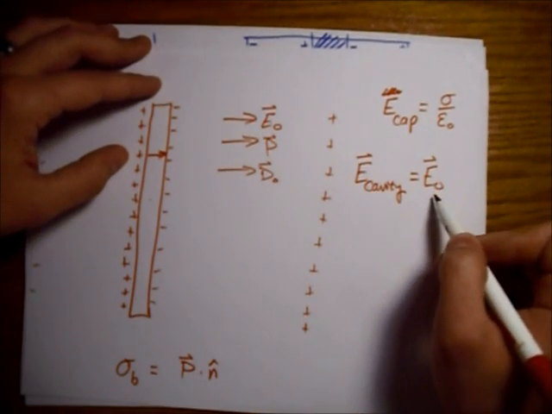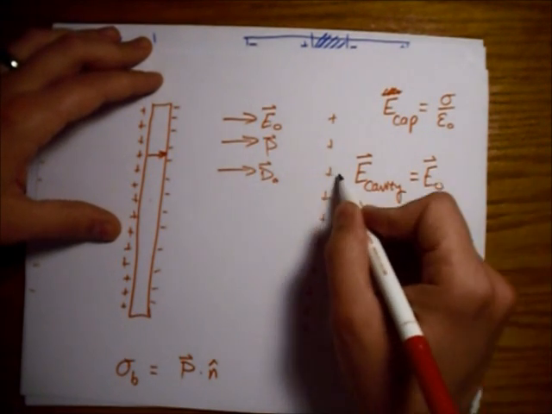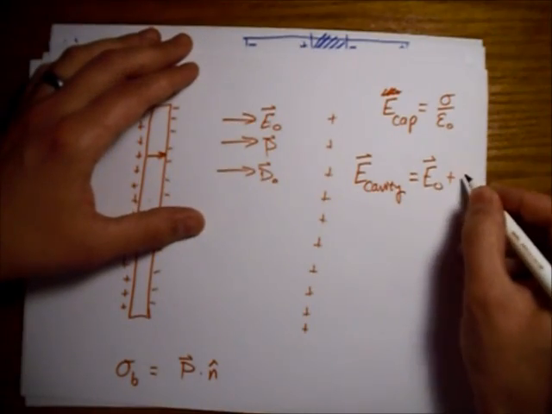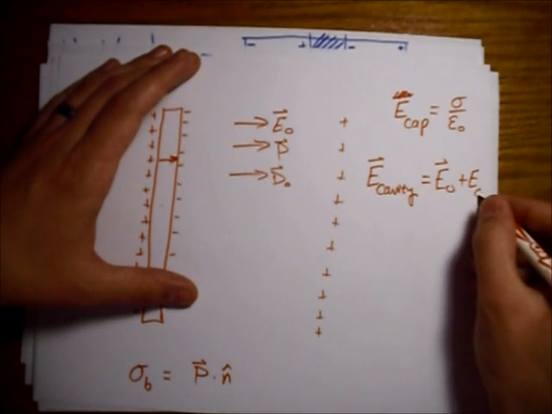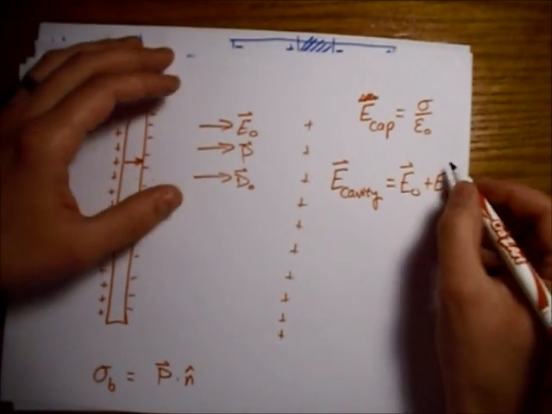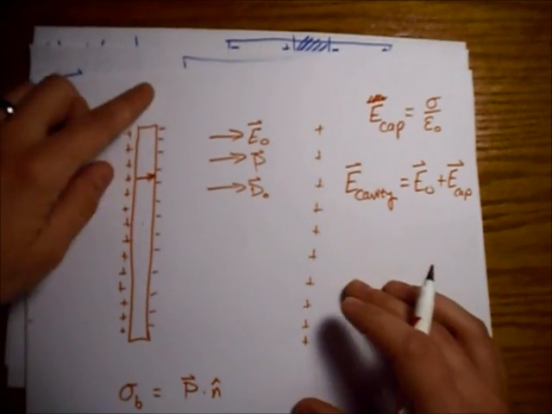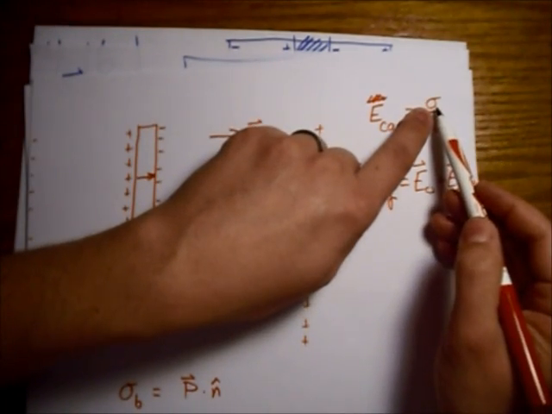So the electric field in the cavity is this external electric field plus the electric field due to this sort of capacitor that we are throwing in here. And what is the charge on this capacitor?